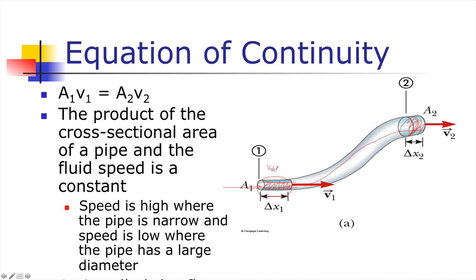So the velocity of the water at a constricted location has to be higher, because the velocity has to compensate for the constriction in area. On the other hand, if the pipe is larger in diameter or cross-sectional area, the velocity can be slower because you already have a larger quantity. But in any way, if 1 liter crosses here in 1 second, 1 liter will cross there.